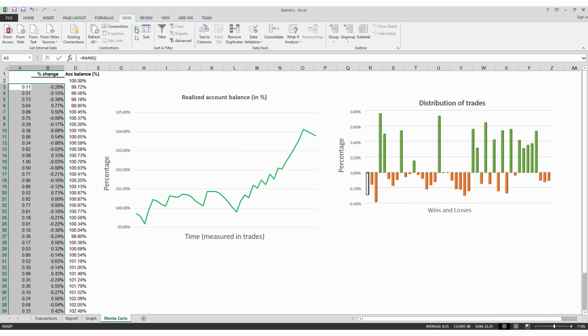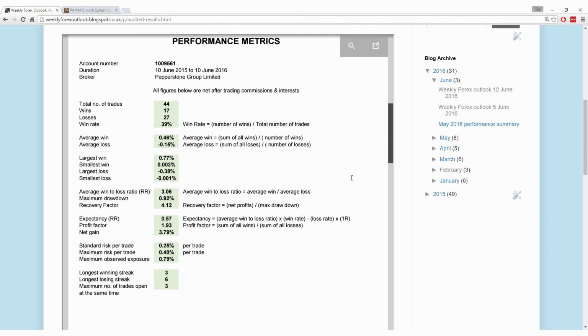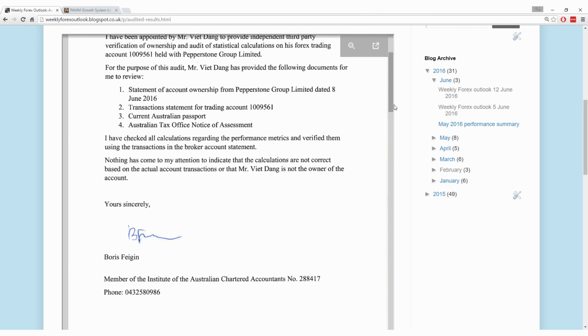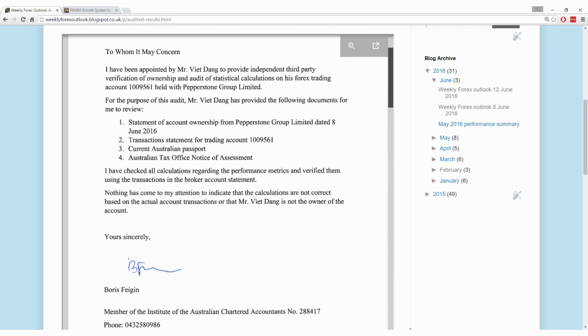I want to finish this video by saying that the reason why I do what I do with my blogs and my videos, and even with this audit, is to set an example when it comes to accountability and transparency. As you know, there are a lot of people who claim to be profitable traders with great returns, yet they do not provide any proof or evidence that allows you to verify their claims.